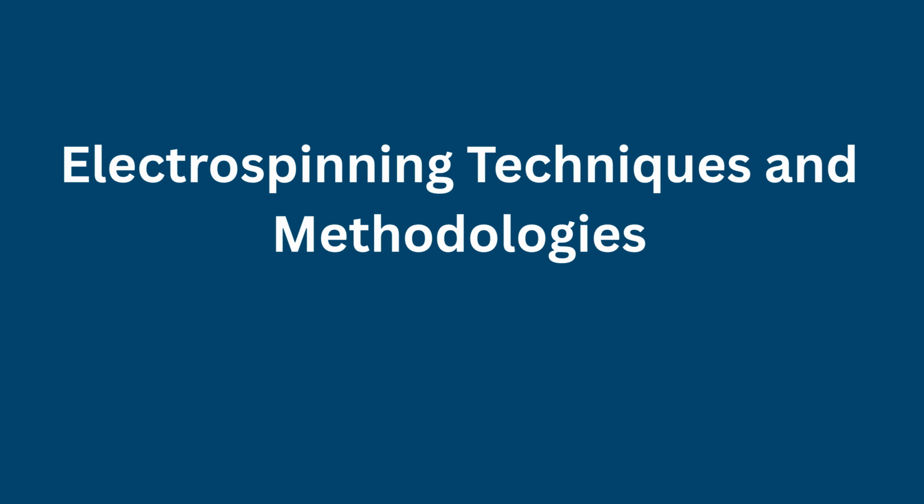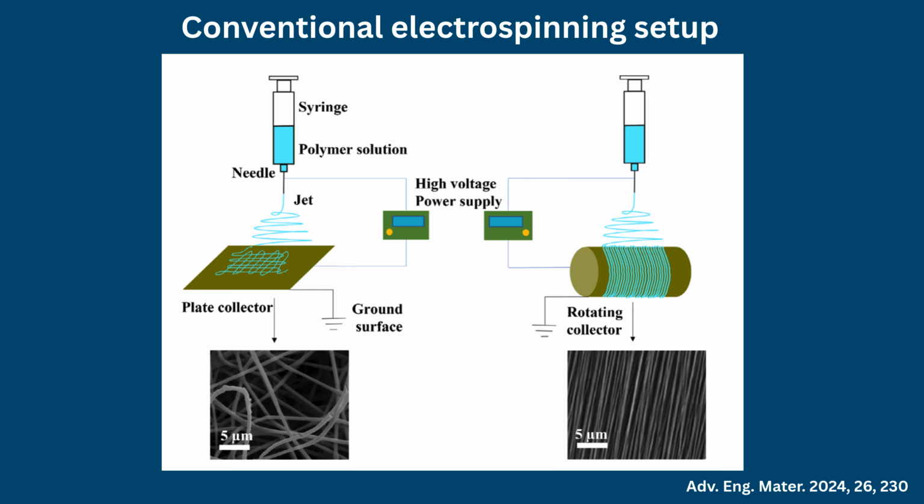Electrospinning techniques and methodologies. Electrospinning methodologies have evolved significantly, enabling precise control over fiber morphology and internal structure. The conventional needle-based approach remains the most widely used technique, wherein a polymer solution is delivered through a capillary needle.